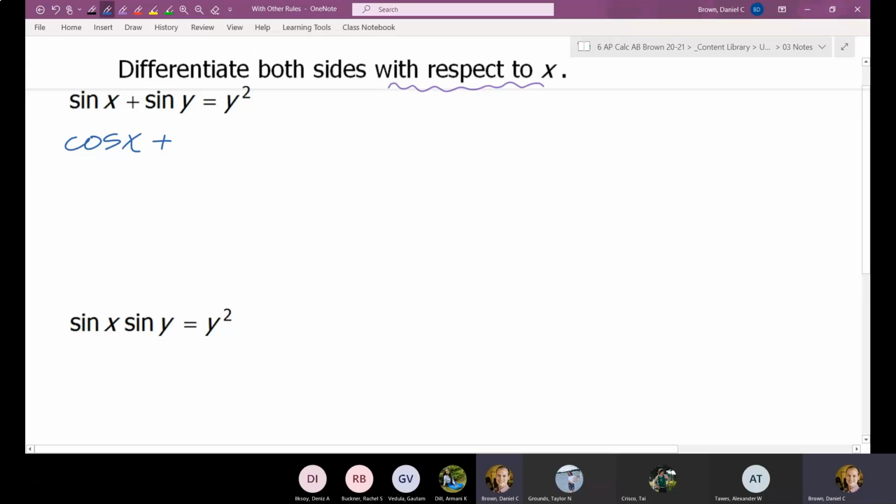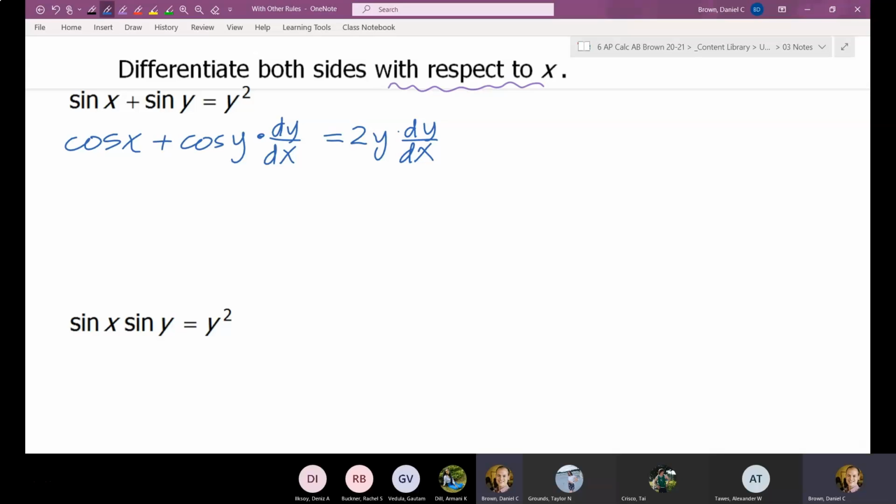The derivative of sine is still cosine, but this had a y in it. I wish it was an x. And then equal to, I have y squared. Also need to be careful with this one. The derivative of y squared is 2y. I had a y when I was taking the derivative with respect to x, I wish it was an x. That is all that problem was asking us to do. It asks us to just take the derivative of both sides.